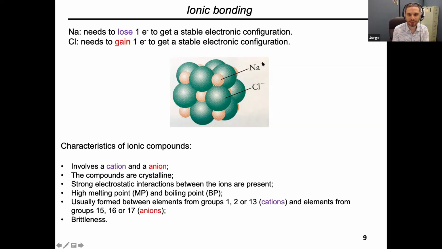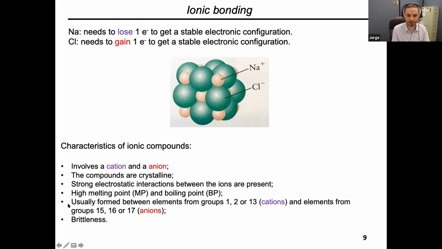Because we have a cation and an anion, there is strong electrostatic interactions between the ions present, okay? And this interaction between a positive and negative charge is the strongest one that you can have that will reflect in high melting point and high boiling point as well.